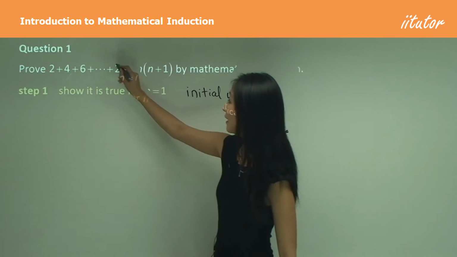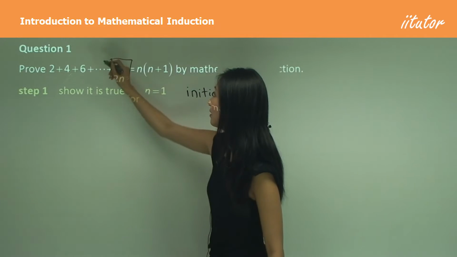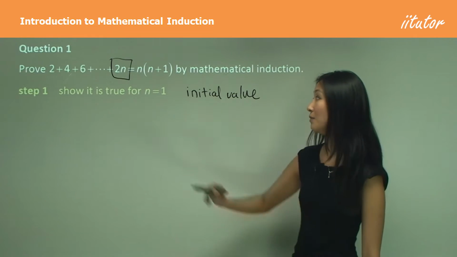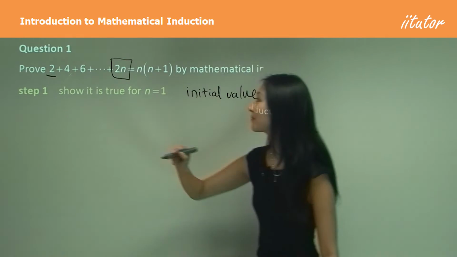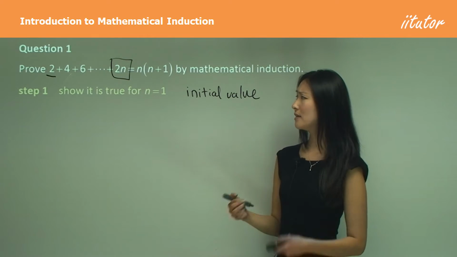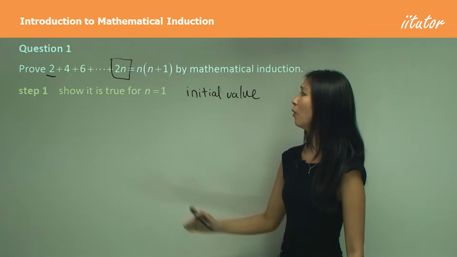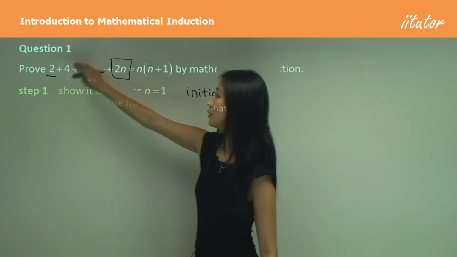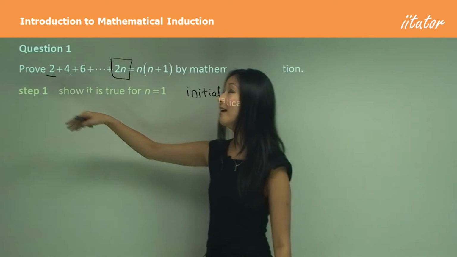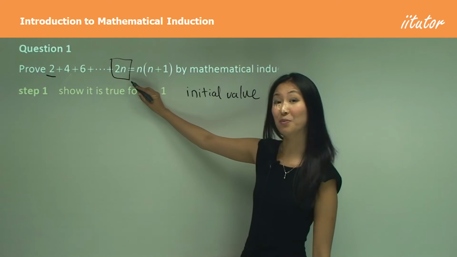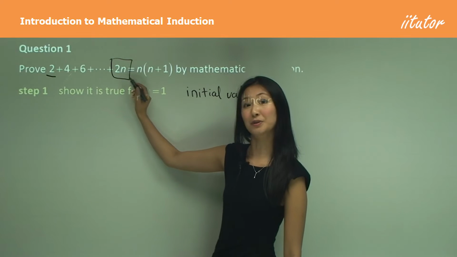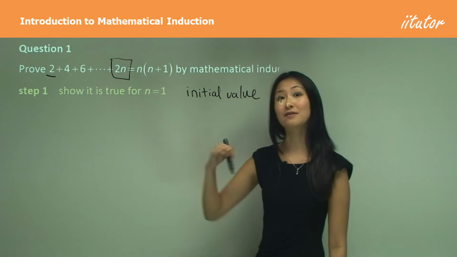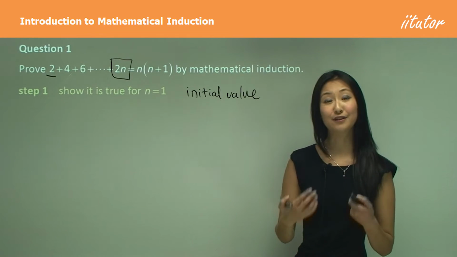So what we consider is, firstly, your general formula here, which is 2n, and then we consider our first value. And then we think, what does n have to be for the general formula to equal to the first value? And you can see that n has to be 1, doesn't it? For 2n to equal to 2, n must equal to 1. So that's the first value of n that we have to prove.